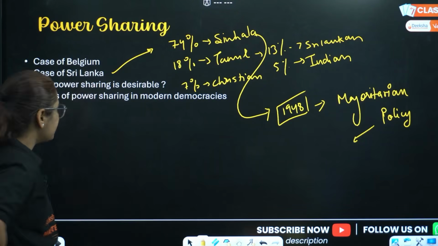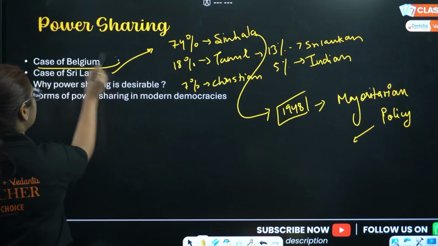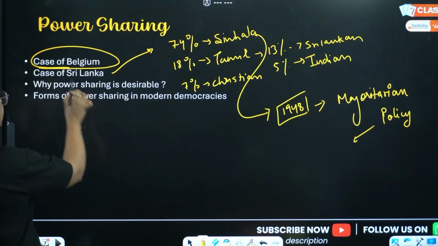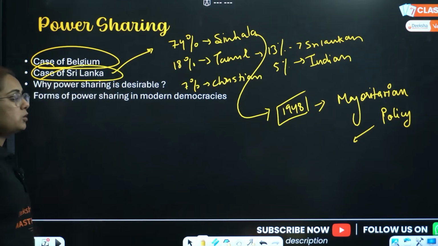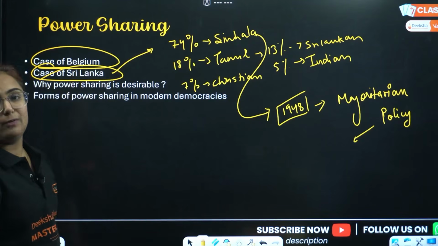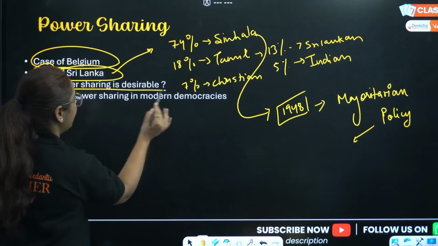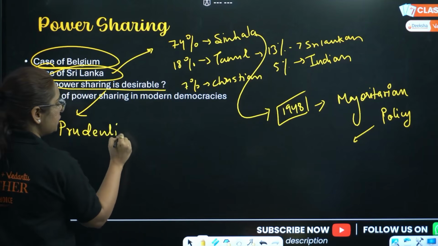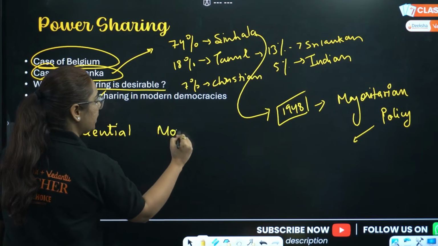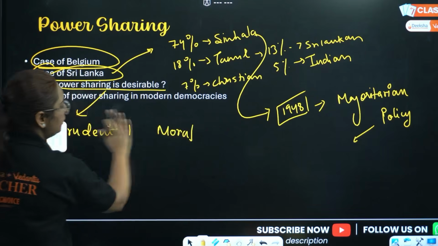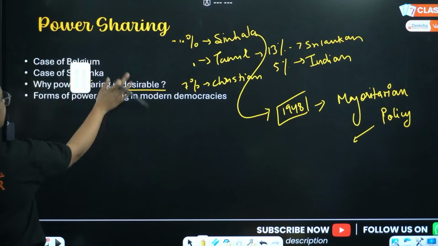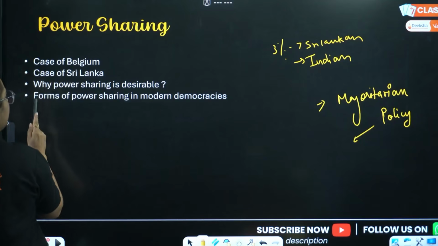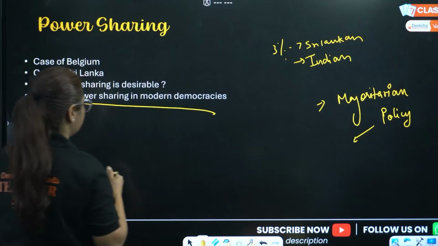So there is a case which sorted the problem by power sharing, and there is a case which did not sort it and resulted in civil war. Hence comes the topic of why power sharing is desirable. There are certain prudential as well as moral reasons for this which you have to study, because this is an important topic. Now comes the topic of the major forms of power sharing in modern democracies.